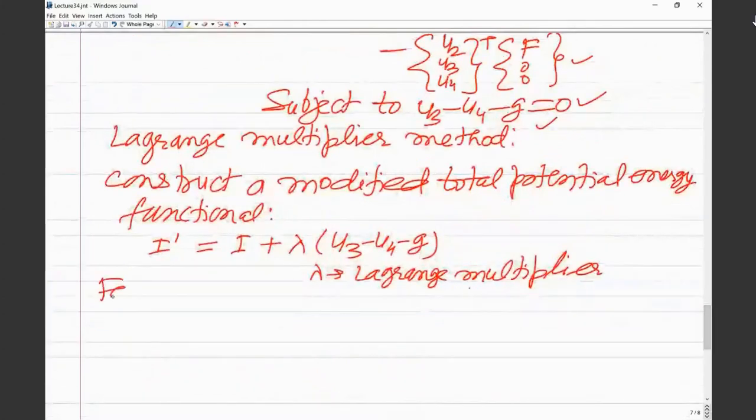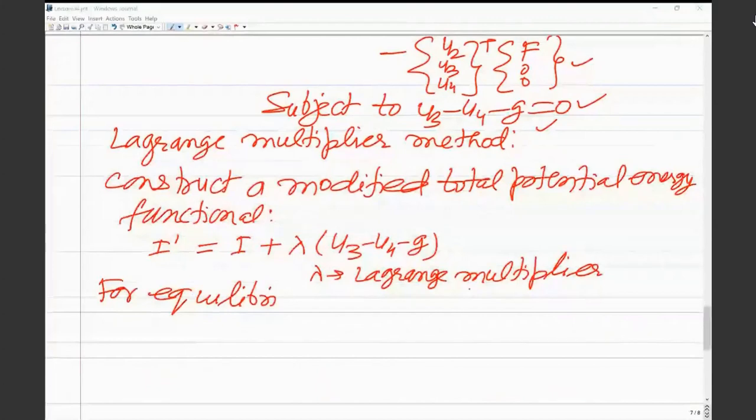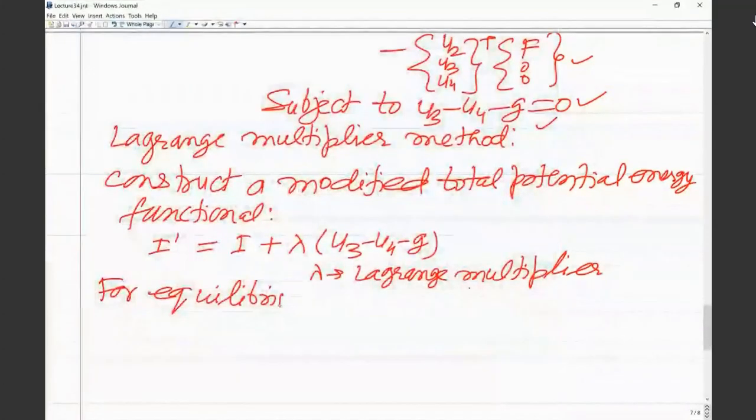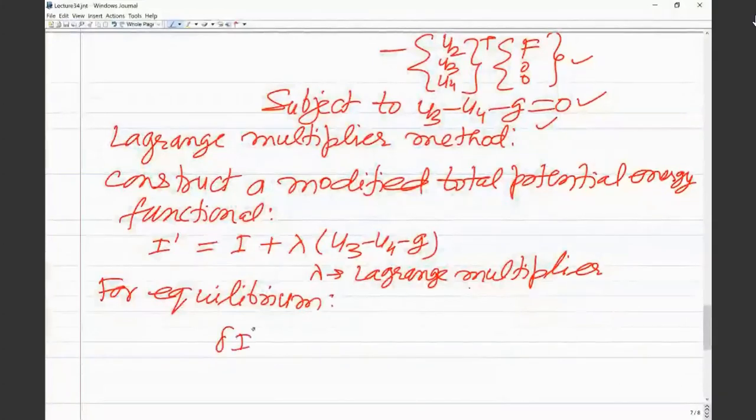And now for equilibrium, delta I dash, the variation of I dash, has to be 0. So for equilibrium, delta I dash will be equal to delta I plus the variation of this additional term which we have added.